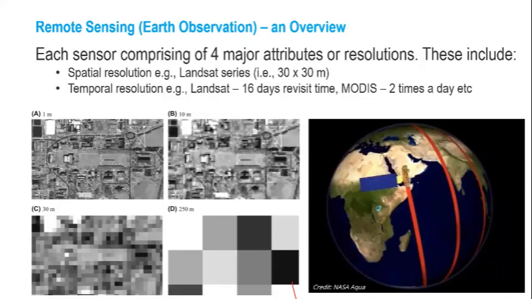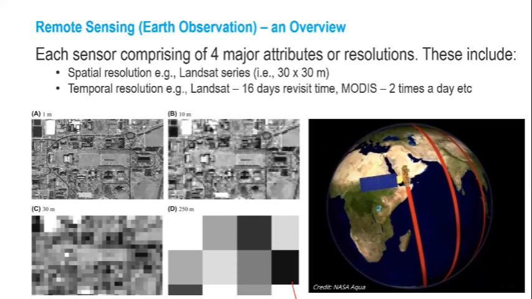Now, within all these categories that we've talked about, there are also four major attributes that may be very useful to decide which remote sensing tool we need to use to collect our information. And these four attributes are mainly the spatial resolution. You might be hearing about the spatial resolution of different sensors. There is temporal resolution.